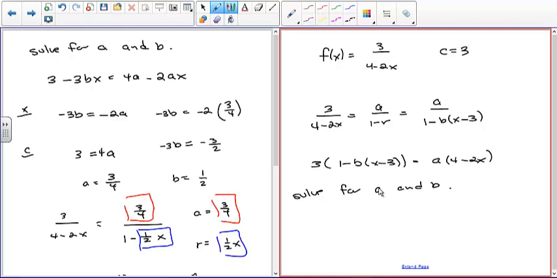The same approach works. The only difference is that the expression involving x and the one involving the constants will each have both a and b. So you'll have to use substitution to solve for either a or b, and then go back and solve for the one you haven't solved for previously. So that's the only difference.